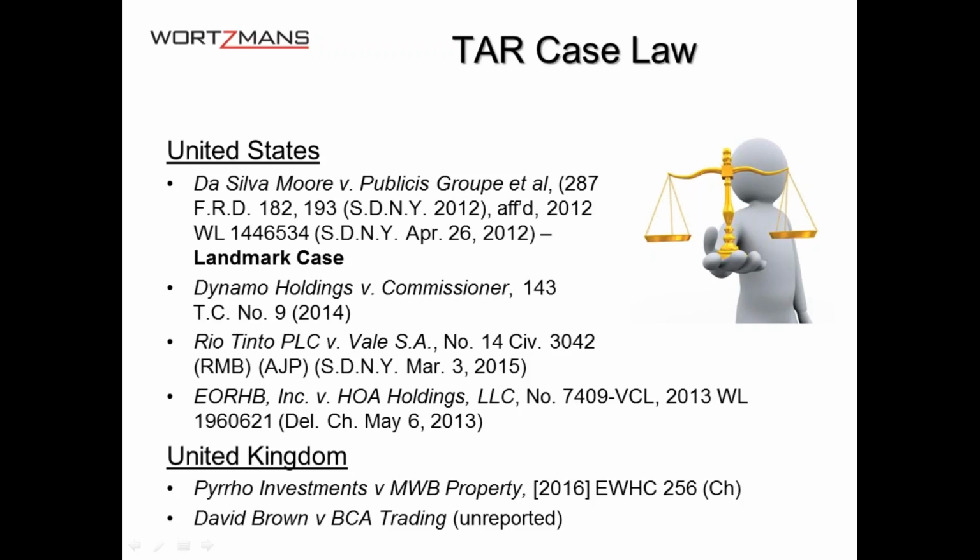It said, why is this even before the court? Because the court really shouldn't be in the business of dictating to parties the process that they should use when responding to discovery. And to me, it's a really interesting question. We talked about it a bit in the last session about transparency, and whether you need to tell the other side that you're going to be using predictive coding, and how important that is.